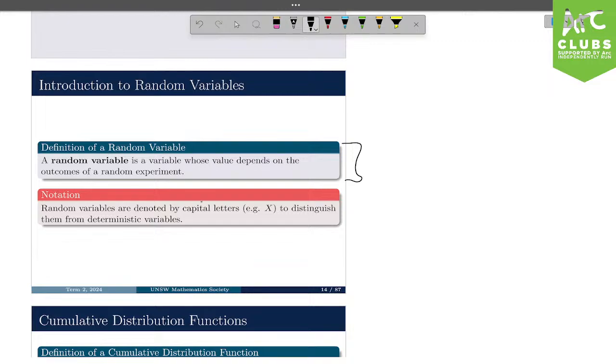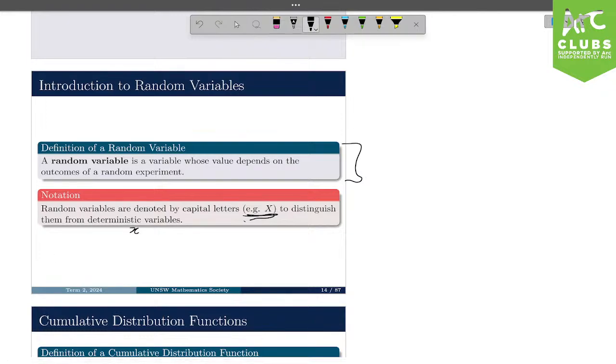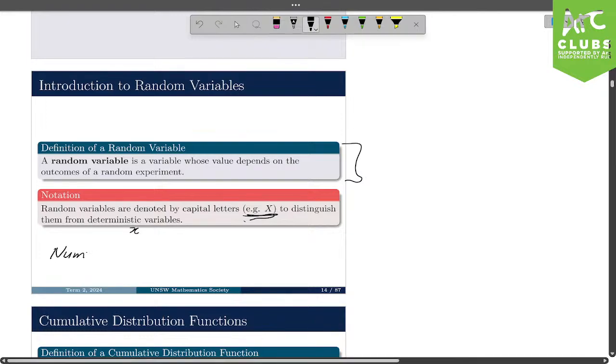We denote random variables with capital letters, so I might say capital X, and distinguish them from deterministic variables like x. Something of note is that we also use numerical random variables.